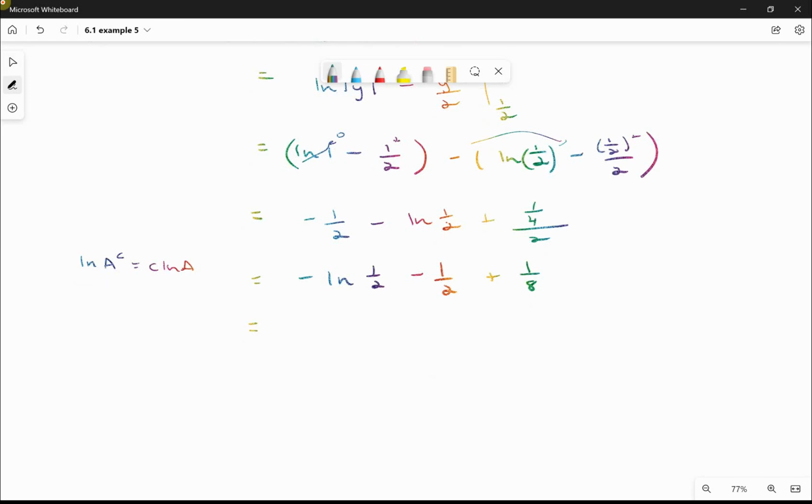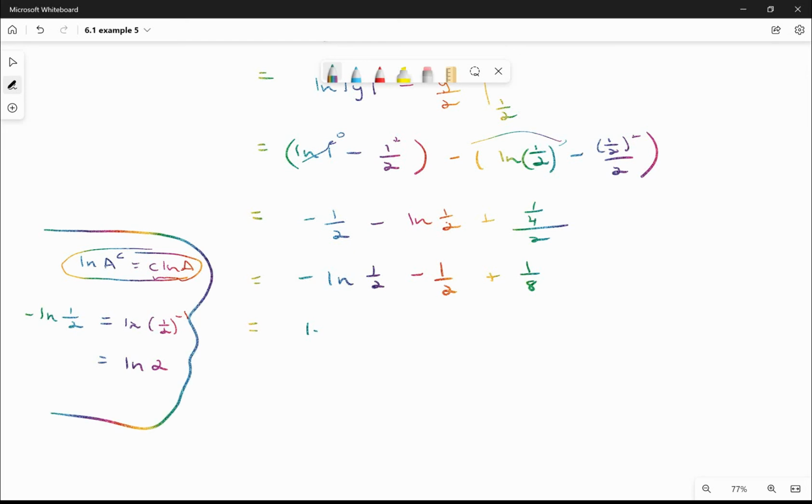So a constant multiple of negative 1 is the same as ln of 1/2 raised to the negative 1 power, which is ln of 2. That's just a little aside. So this is ln of 2 minus 1/2 plus 1/8.